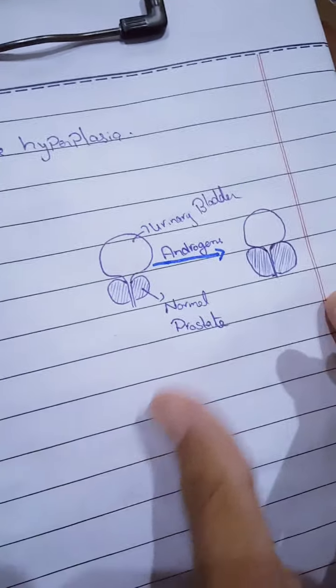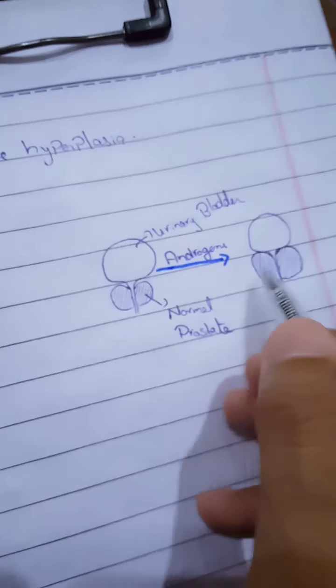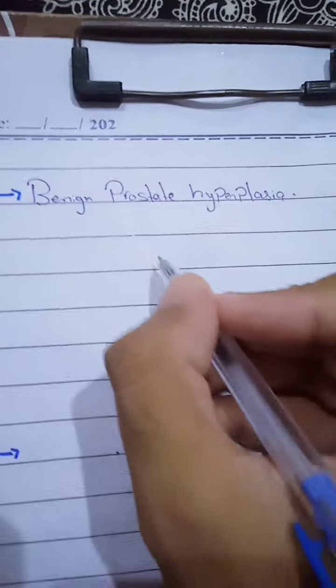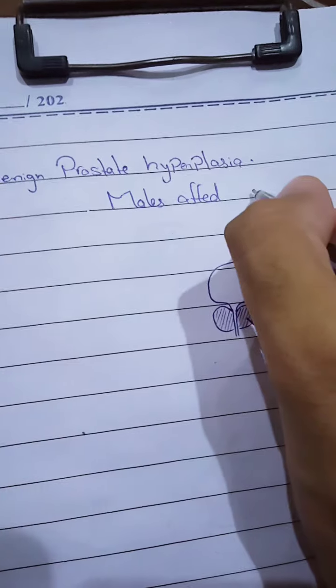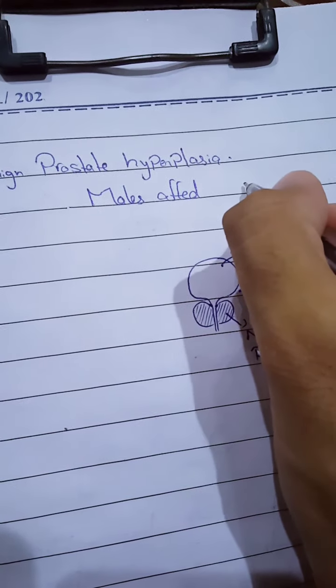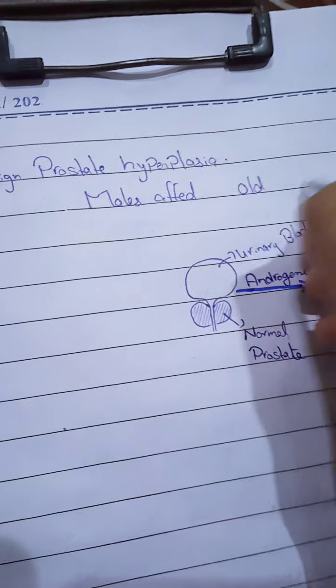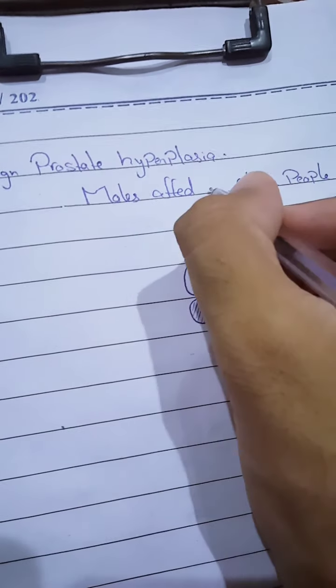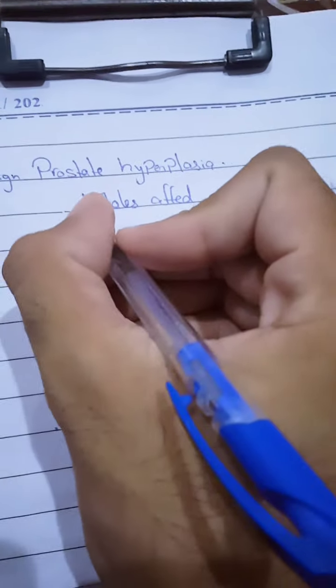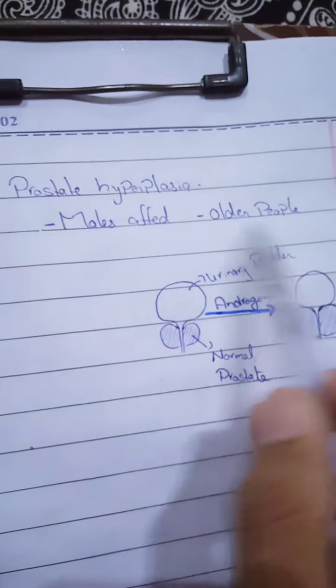So this is the diagram. This is the bladder, and this is the pathophysiology. Androgens play a role, and this occurs only in males. So males are affected. And the age group? What is the age group? It is older people, who are males. They are very affected in benign prostate hyperplasia.